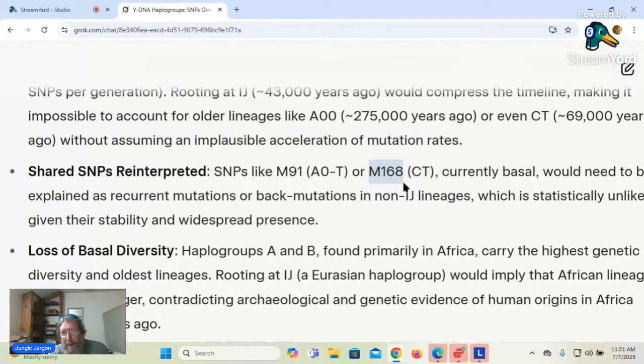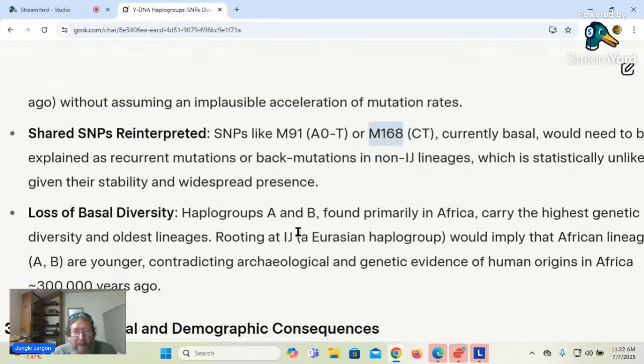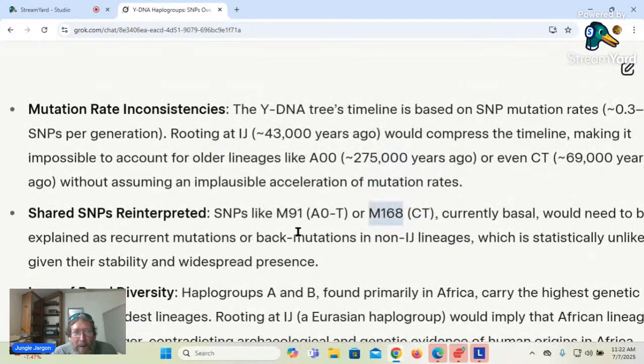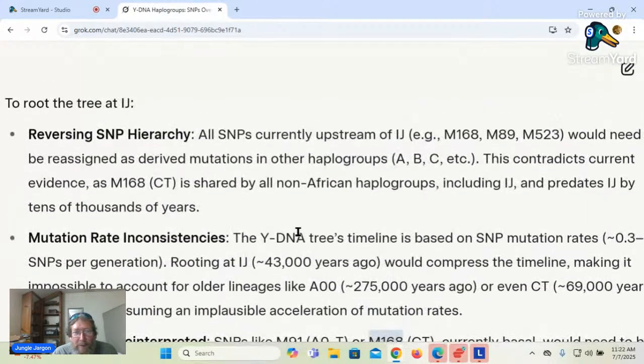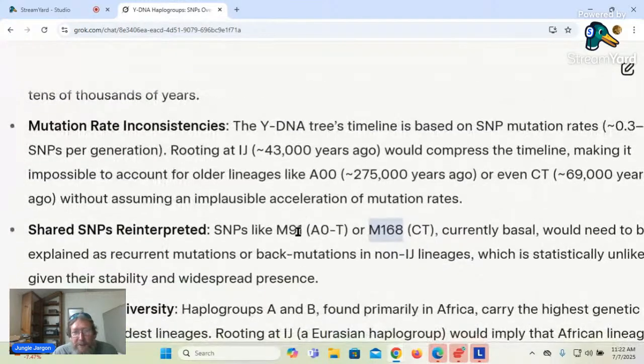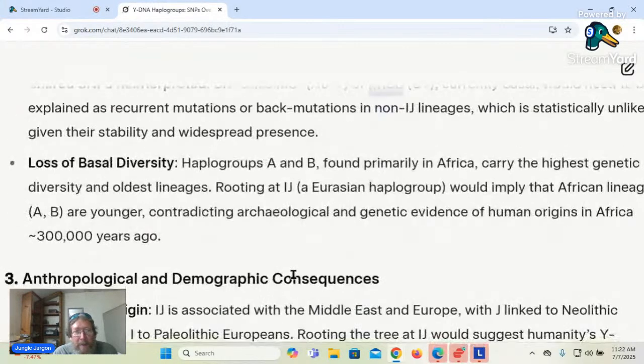Now they want to say it was acquired so that everybody else does have it. But if you root the tree in IJ, it means that it was lost to A and B, even though C retained it, because Nimrod is the oldest son of Cush, able to share a marker with his uncles and older cousins, or his other cousins.